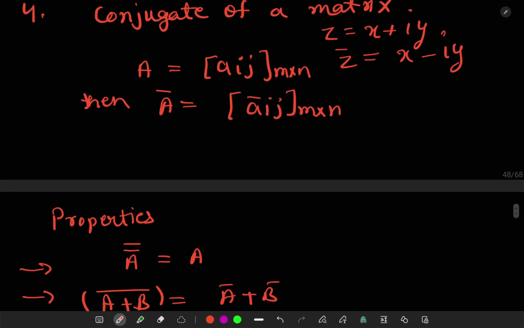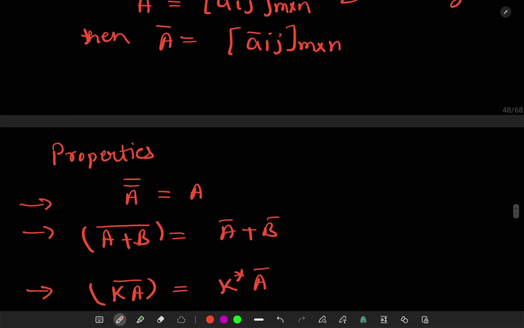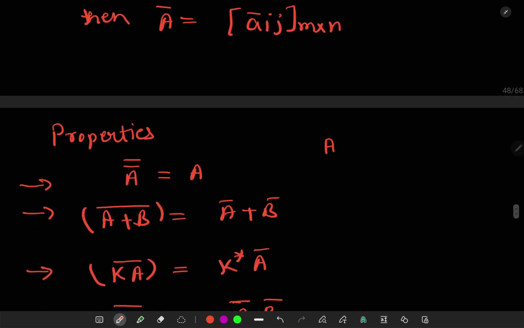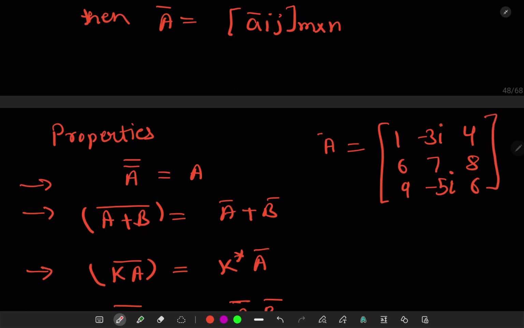Similarly, for a conjugate matrix, if we take the conjugate of matrix A, it is represented by A bar.